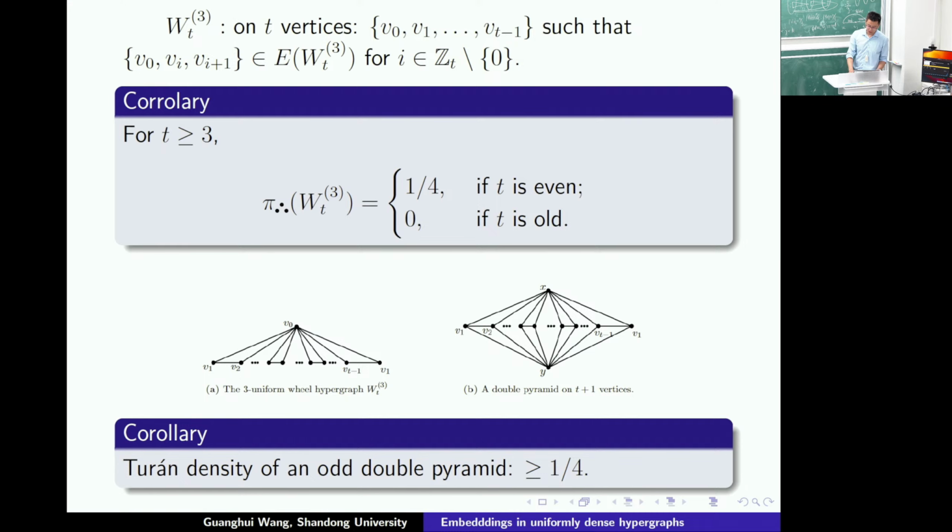So we know that the classical Turán density of all the double pyramids is at least 1/4. So it's interesting to determine the Turán density of all the double pyramids. So it is proposed to study this kind of question.